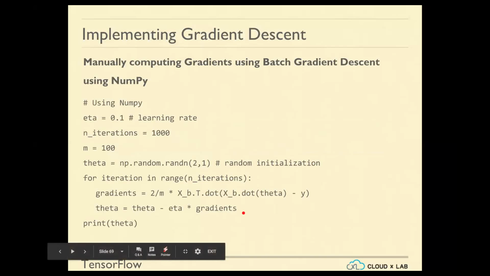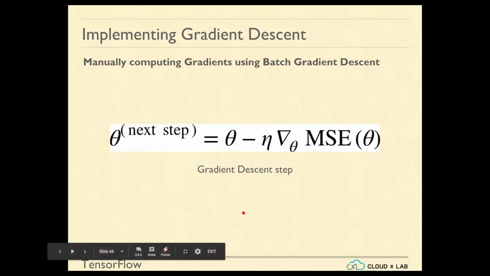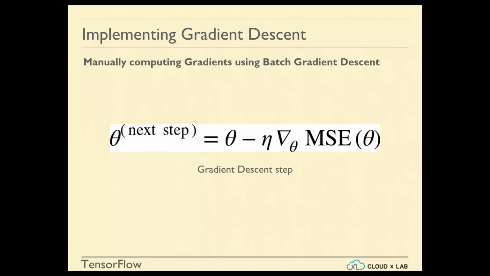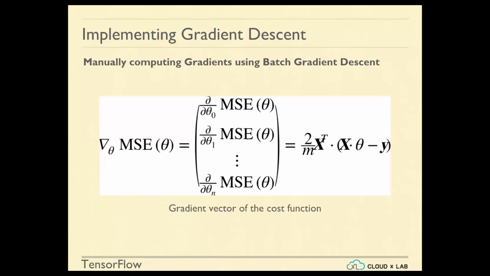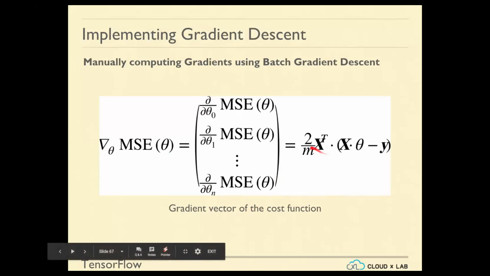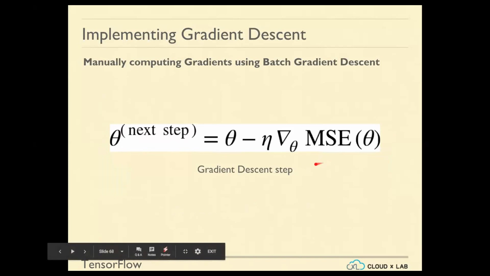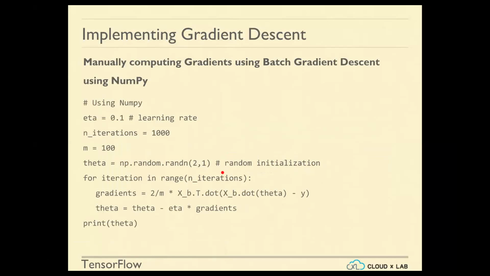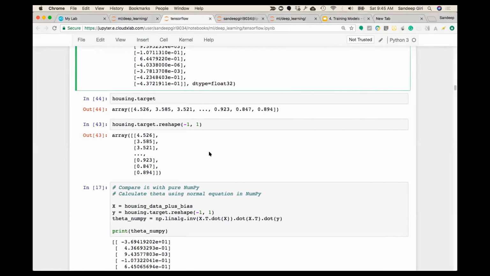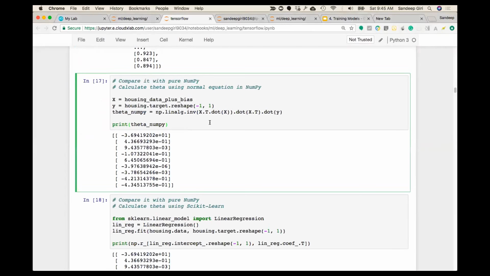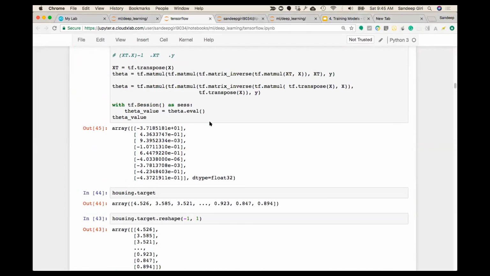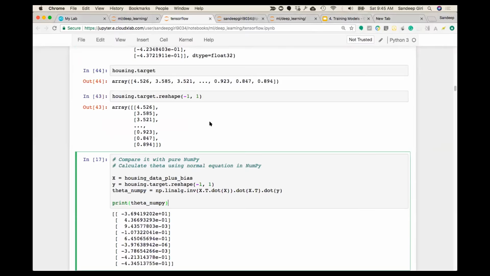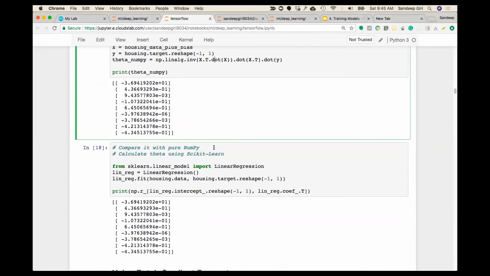So basically these two functions: this is how you compute the slope, and this is how you compute the next value or next step. Here we have put in the same code. So this is done.